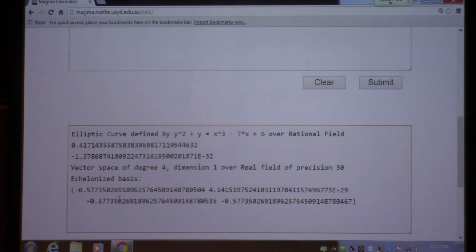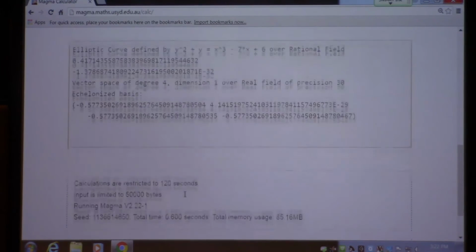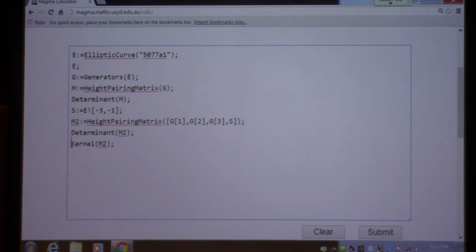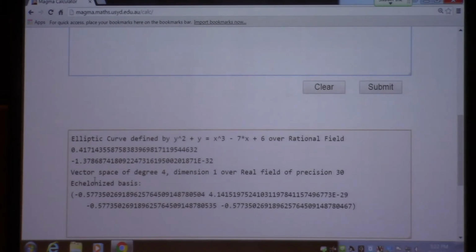Then the same number, basically, and then the same number again, basically. Okay? So I'm going to take that basis. The basis of this kernel has one element, and I'm going to divide it by this number here, the minus sign.